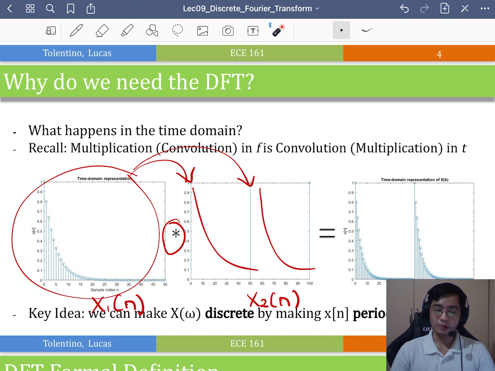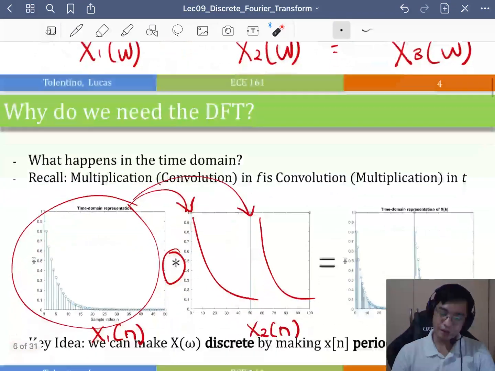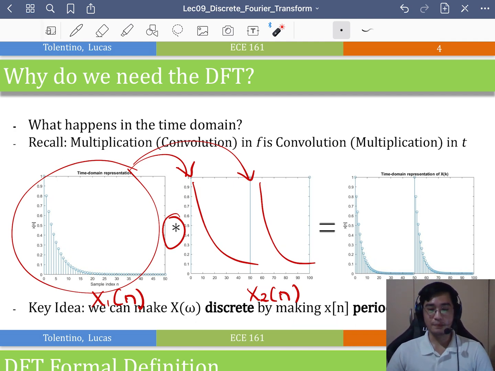So since we've discretized in the frequency domain, we are now making our time domain periodic. That's the key idea here: we can make x of omega discrete by making our time domain signal periodic.